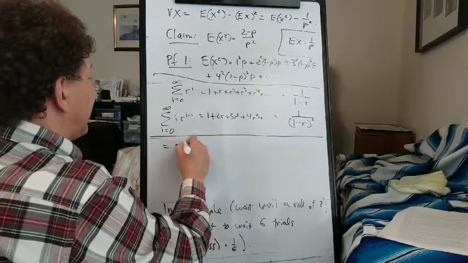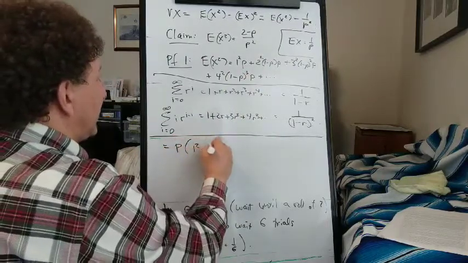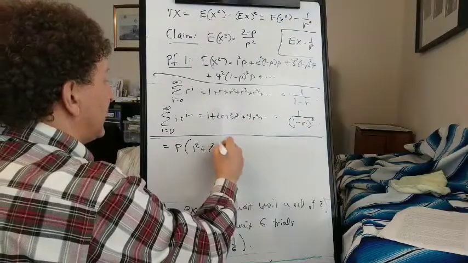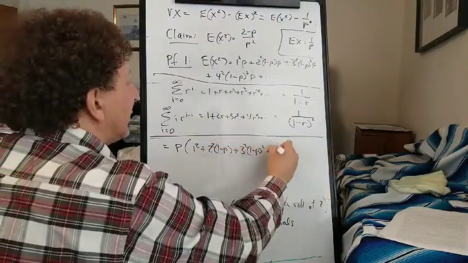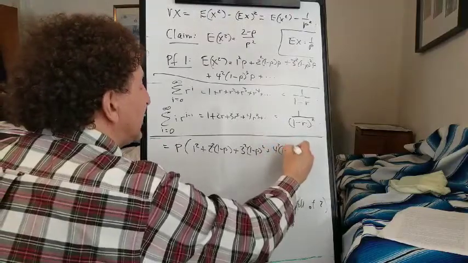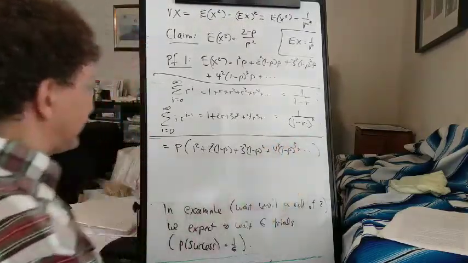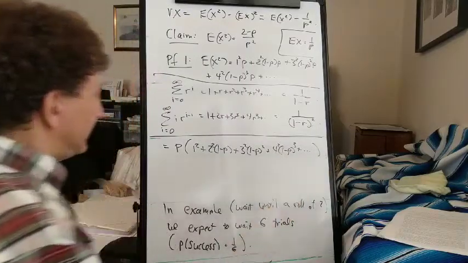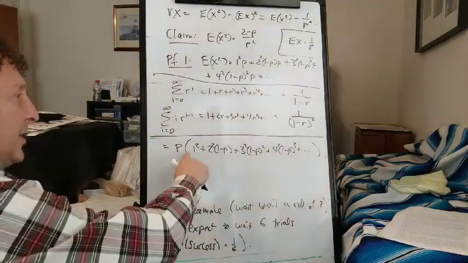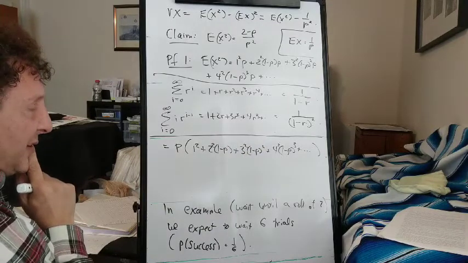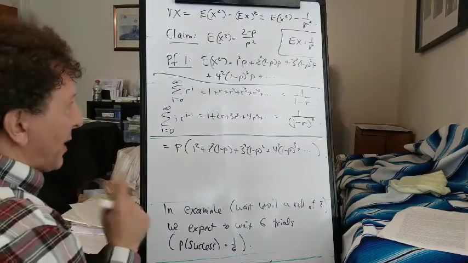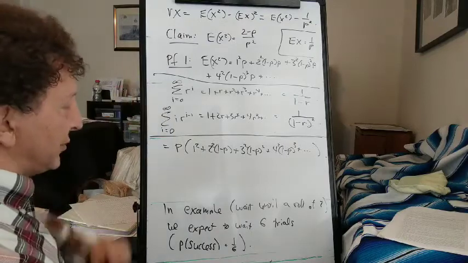We factor out the p: 1 squared plus 2 squared (1 minus p), plus 3 squared (1 minus p) squared, plus 4 squared (1 minus p) cubed, etc. What's inside the parentheses here is a series whose sum we probably don't have memorized. It's not one of these two.